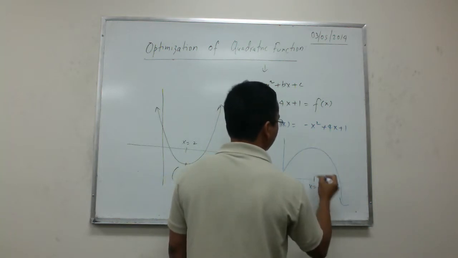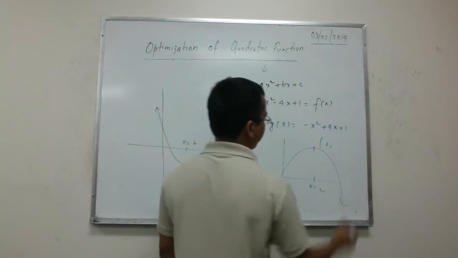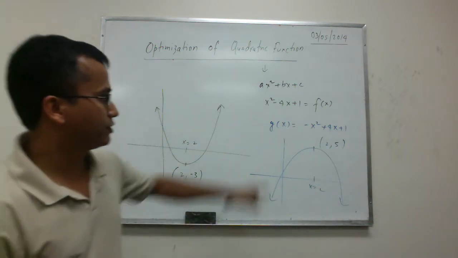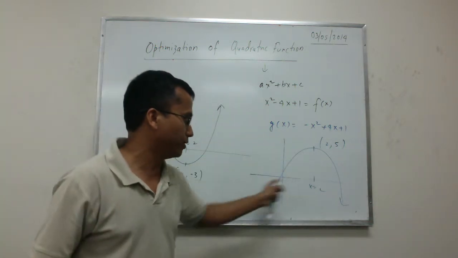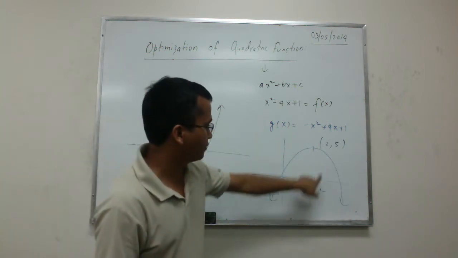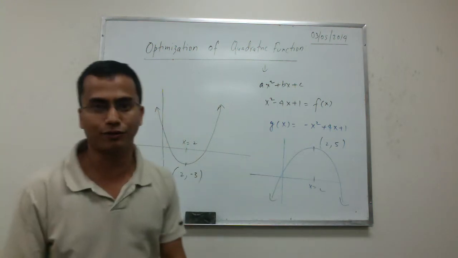When x equals 2, if you plot the graph of g of x, then your graph would look like this. And from this graph, what you can see is that at x equal to 2, the value of the function is 5, and that value is the maximum value of the function.